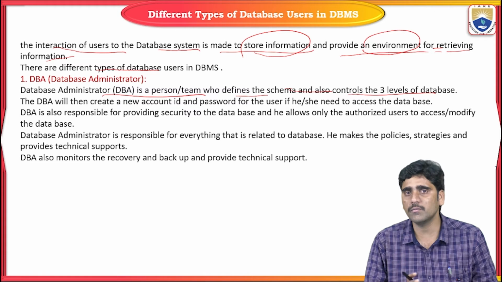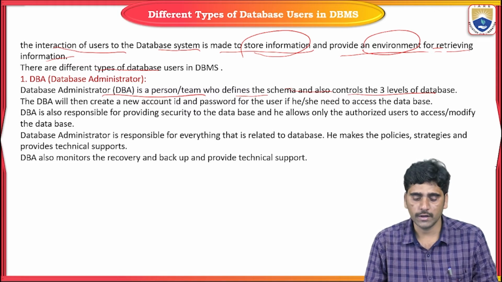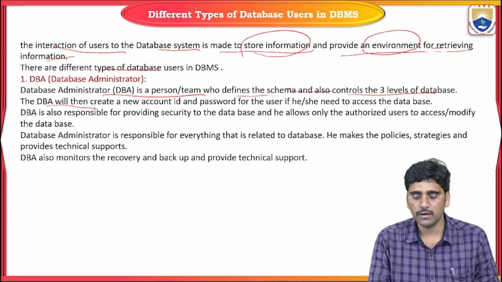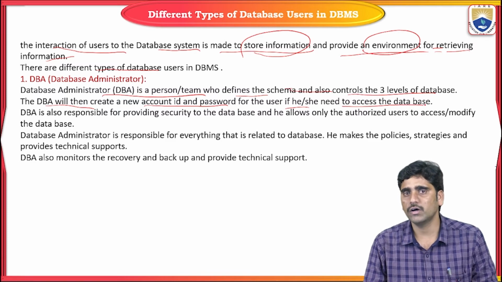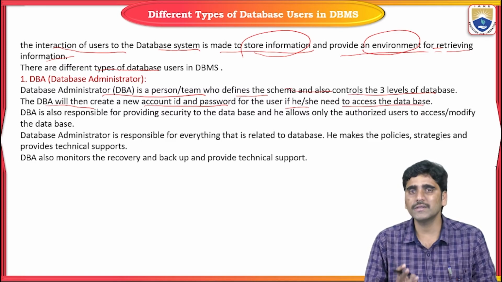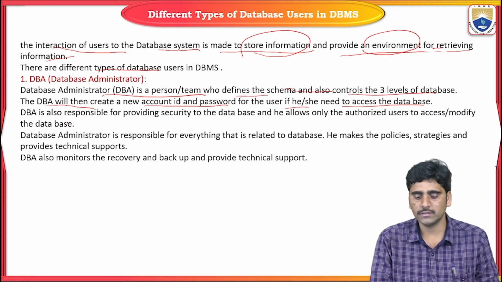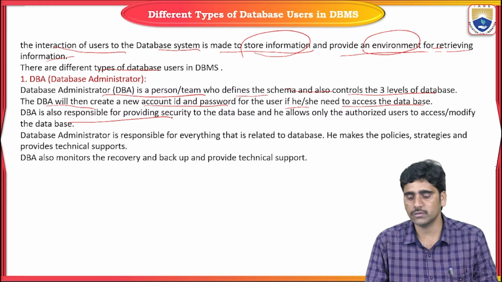He has all the privileges to maintain the database. The DBA will create a new account ID and password for a user if they need to access the database. If you want to access the database, you must have a user ID and a password.